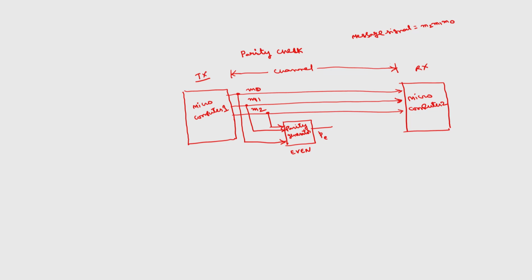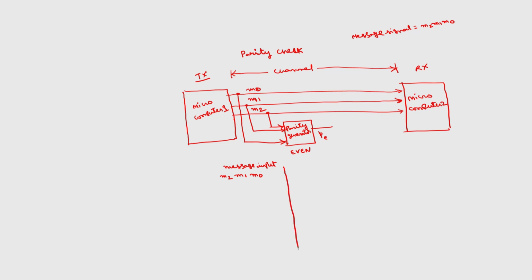Basically, this parity generator you might have studied in your digital electronics course. So, I will just briefly explain the design of this parity generator. We have M2, M1, M0 as the message input to the parity generator.